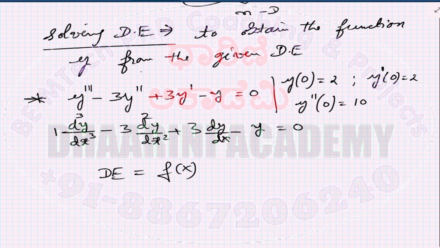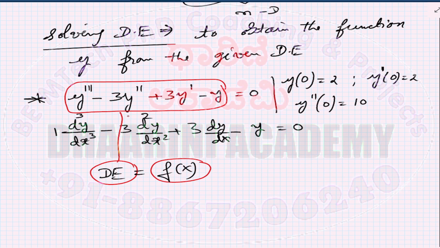Normally this will be in the following format. Differential equation on the left side, and on the right side some function of x. But if I compare that with the given problem, there is a differential equation, this is the dE, but on the right hand side, I don't have anything. It is equal to 0.